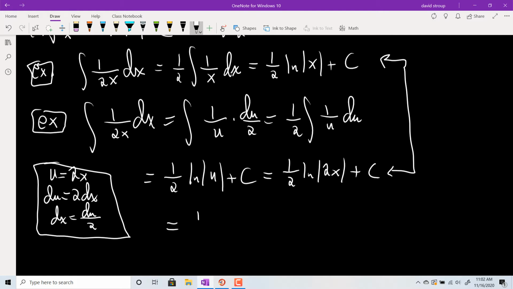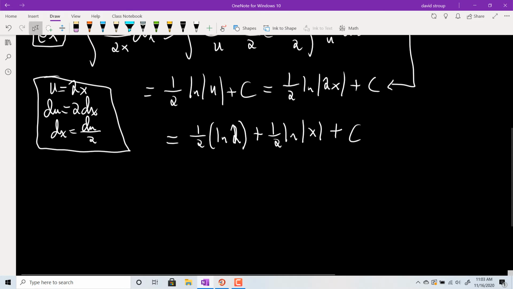You could rewrite this as 1/2 times ln of the absolute value of 2, which is just 2, okay, plus 1/2 times the ln of the absolute value of x, just using the product rule of natural logs, plus c. And then this thing is just a constant.